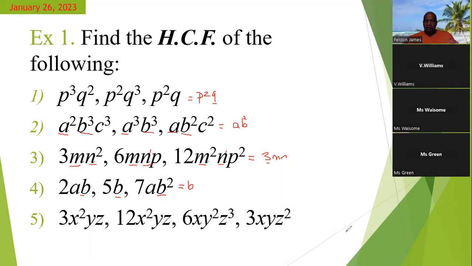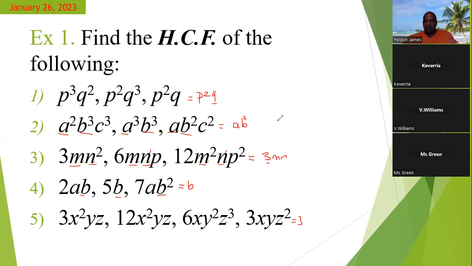What's the HCF of this one, Miss Green? Sir, for the number part, I have 3, sir. Okay. All right. So Miss Green started it off with 3. Who would like to continue? Me, sir.